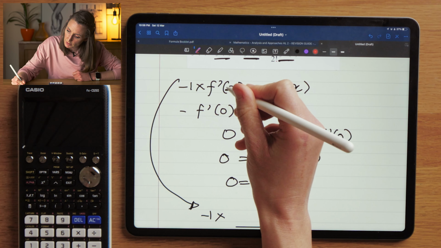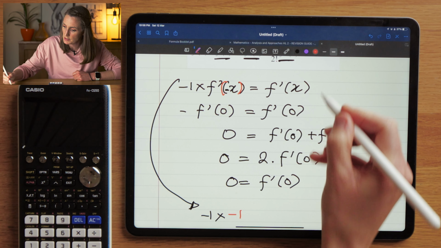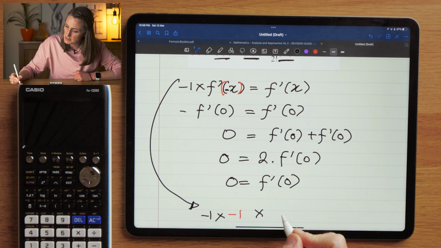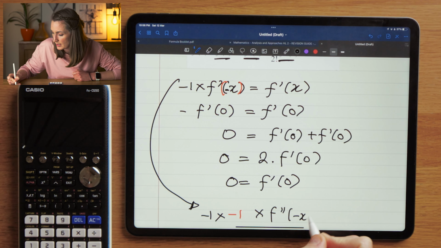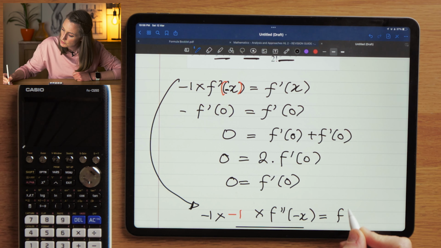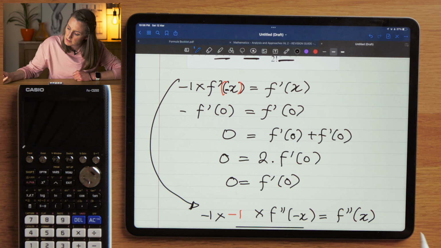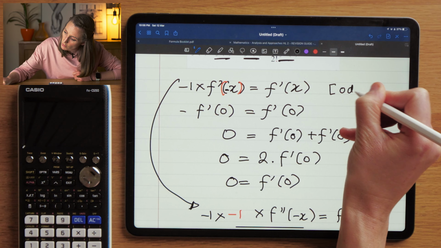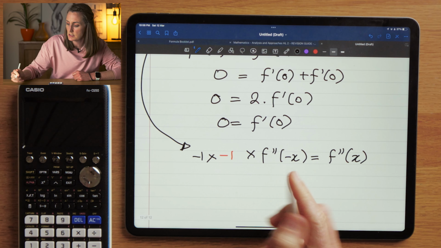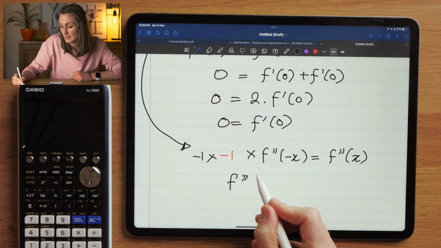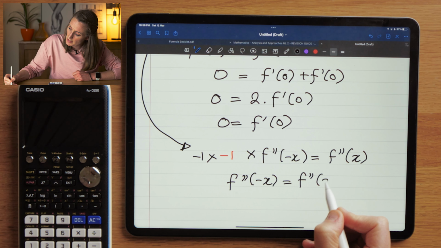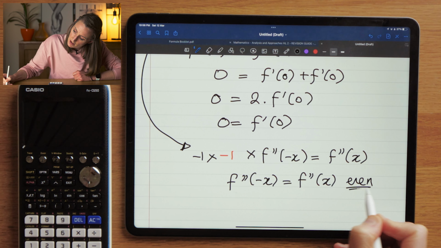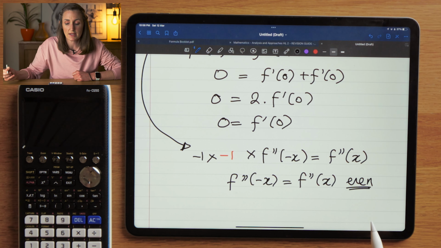When I use chain rule here, I'm going to get another minus 1, and that's going to be times the second derivative of minus x, which is equal to the second derivative of x. Because remember, this is odd, and odd differentiates to even. So I didn't even really need to do it. We know that the second derivative is going to be even, and an even function evaluated at 0 isn't 0.